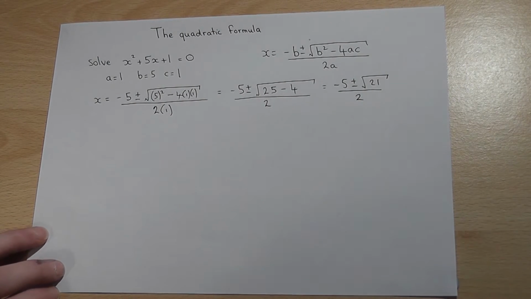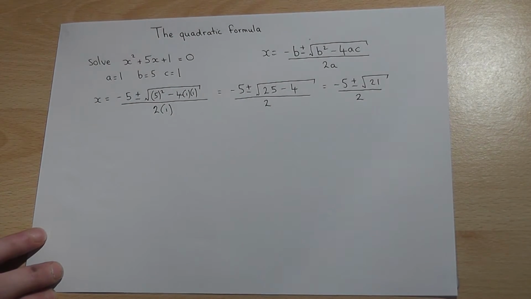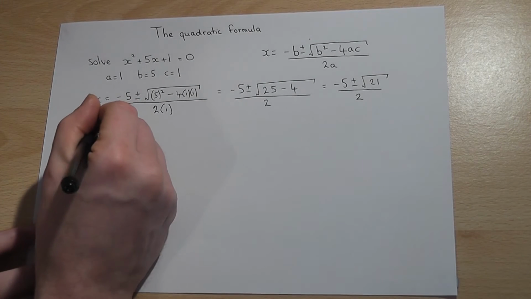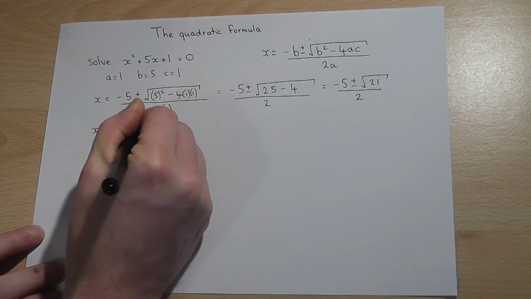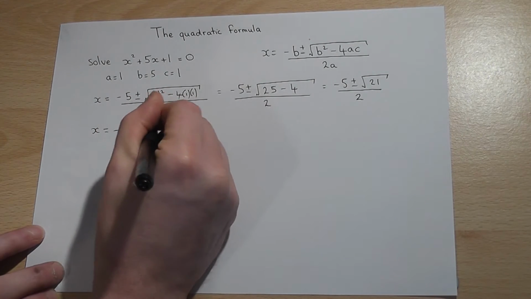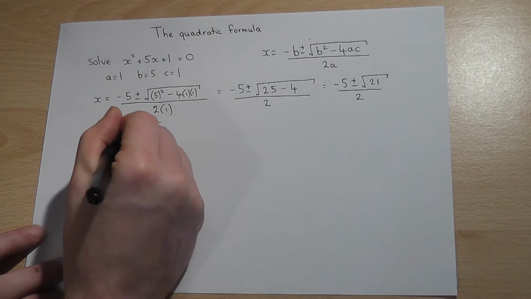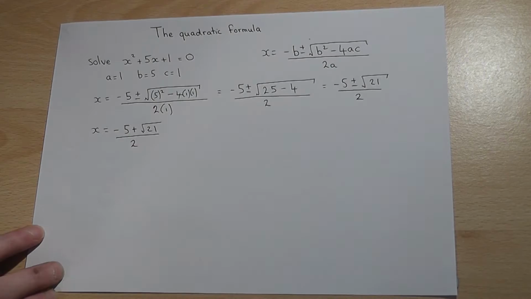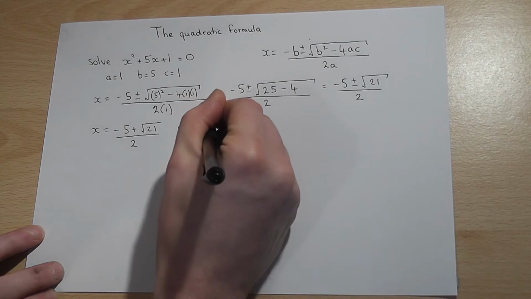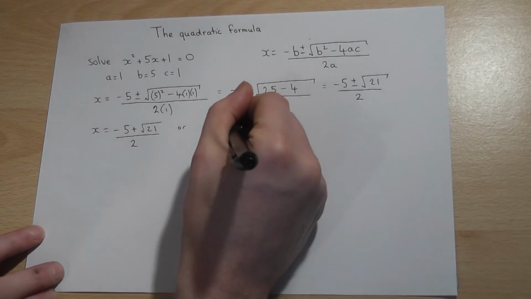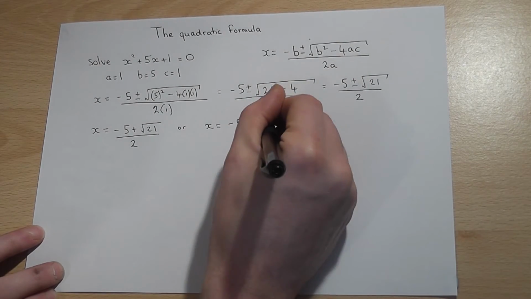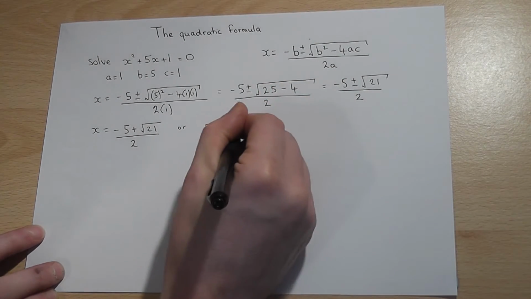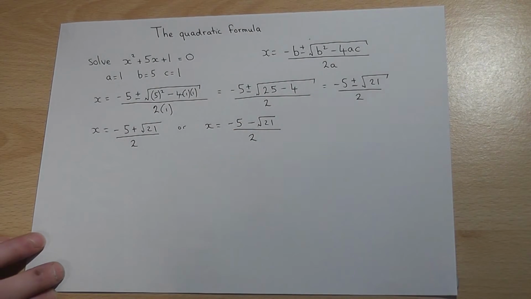Now then, the plus and minus provide us with two solutions of x. So x is either equal to minus 5 plus the square root of 21, all divided by 2, or x is equal to minus 5 take away the square root of 21, all divided by 2.